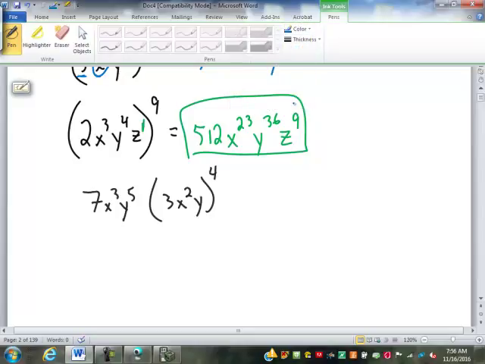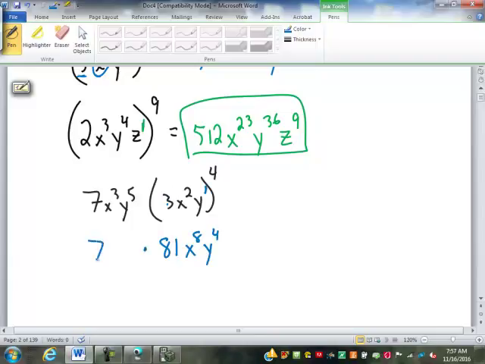Something like this. There are two things happening here. The first thing that would have to happen according to our order of operations is the power. So 3 to the power of 4 is 3 times 3 times 3 times 3, which is 81. X squared to the power of 4 is x to the 8. And then we have y to the 4. Good. We think of it as y to the 1, so 1 times 4 is 4.